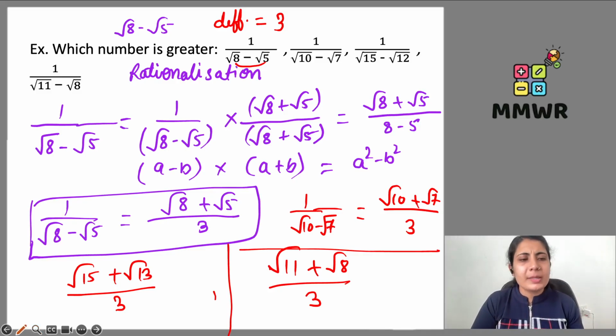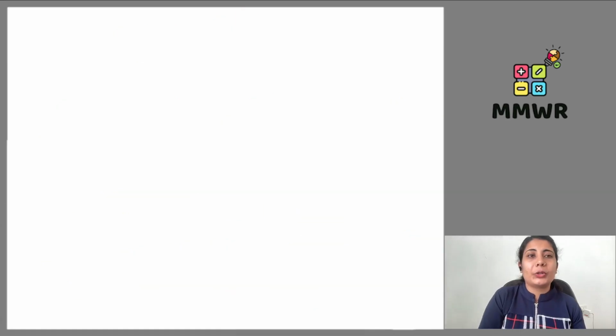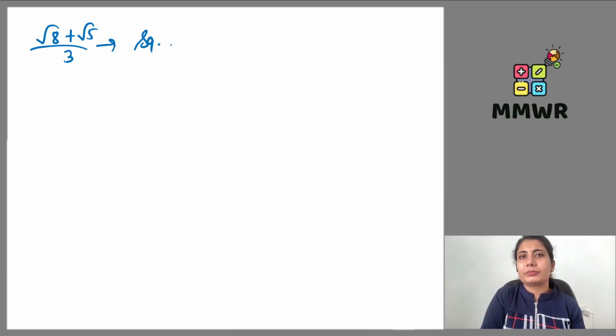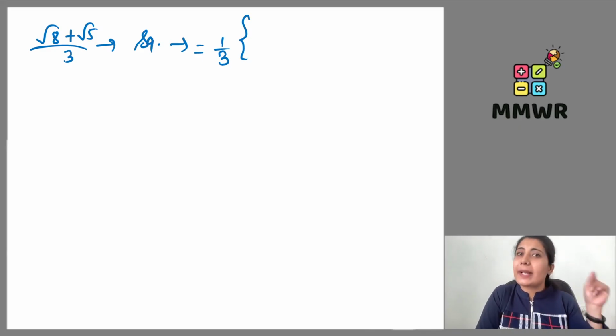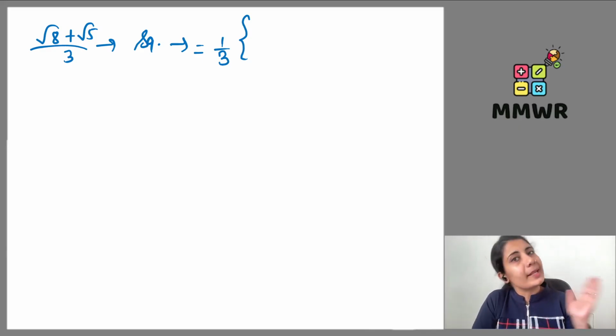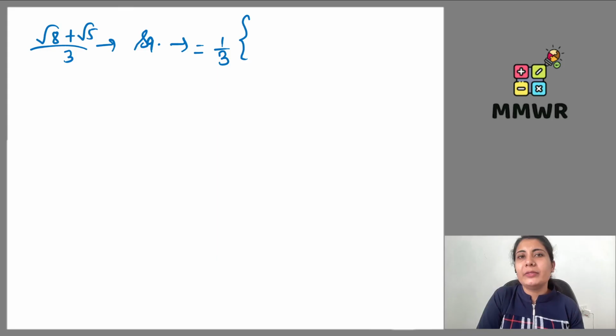So here the sum is not the same, but still we can compare it. How? Look, root 8 plus root 5 upon 3, I'm going to square it. Denominator same है तो 3 को बार बार नहीं भी लिखा चलेगा, that is why I'm commonly writing it. So root 8 square is 8, root 5 square is 5. That means 8 plus 5, 13 plus 2 root 40.